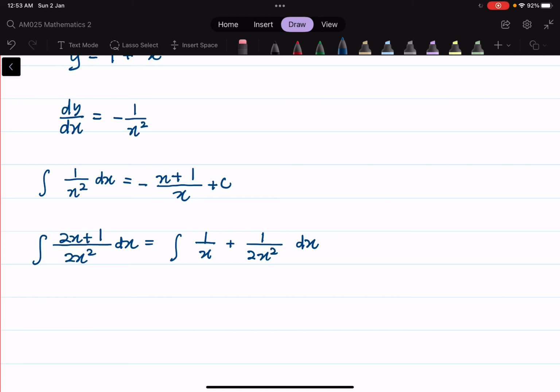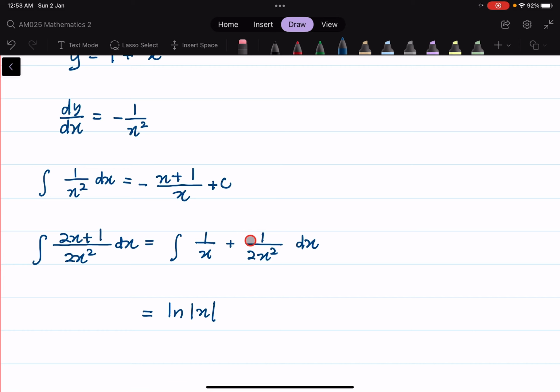So now let us integrate. Integrating 1 over x gives ln x, and as for this one, we can use the integration of 1 over x squared.